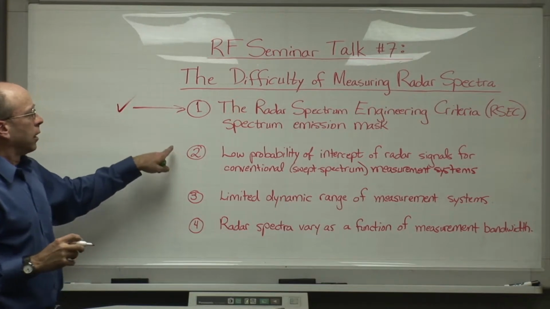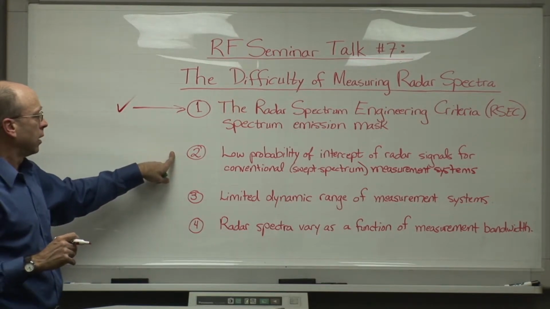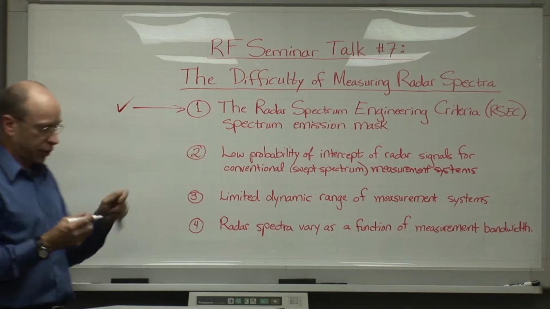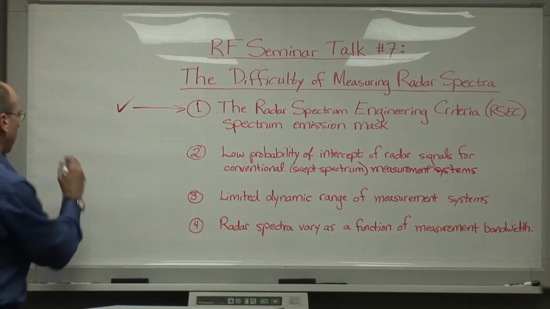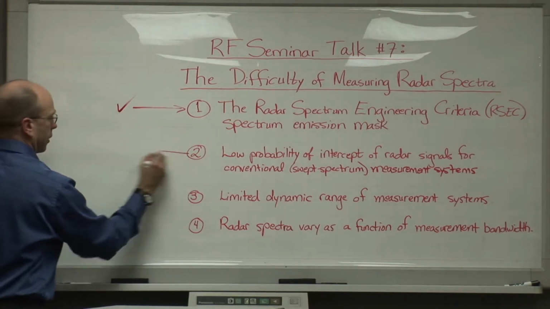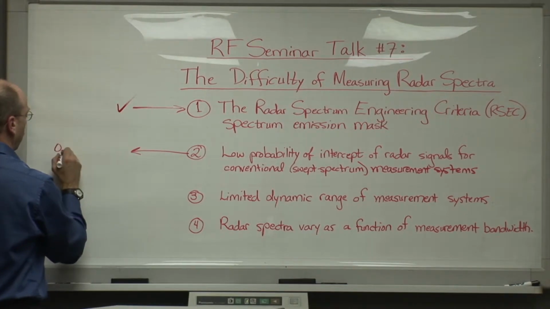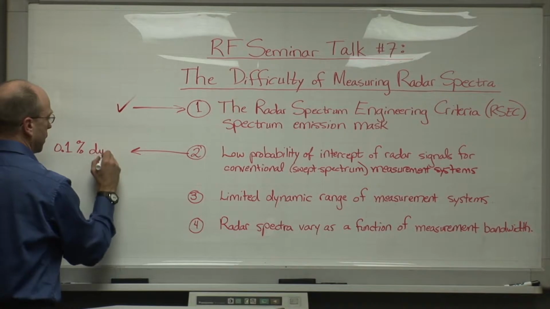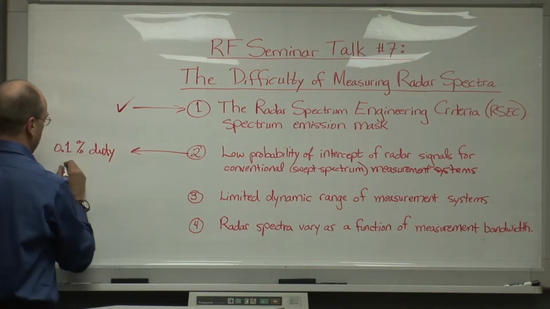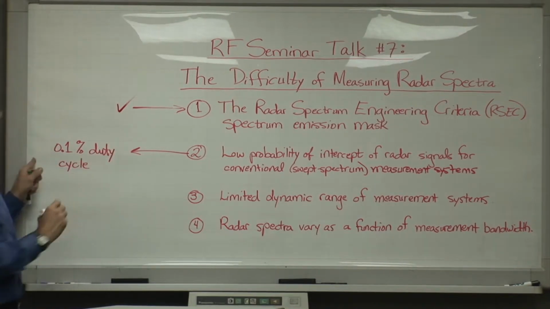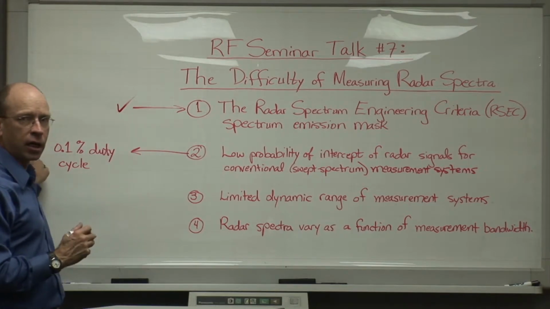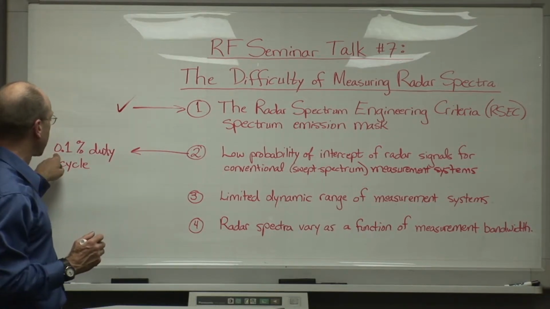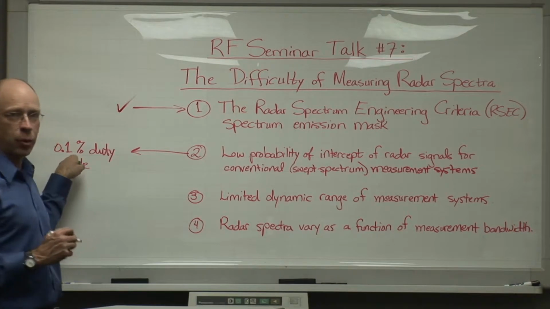The next part of the problem I can take care of on this part of the board. The radar emissions that we need to look at, as we saw in the last talk, are almost always running, I'll draw a line out here, at about 1/10 of 1% duty cycle. Meaning that the pulses that we see are on about 0.1% of the time that we have between pulses.